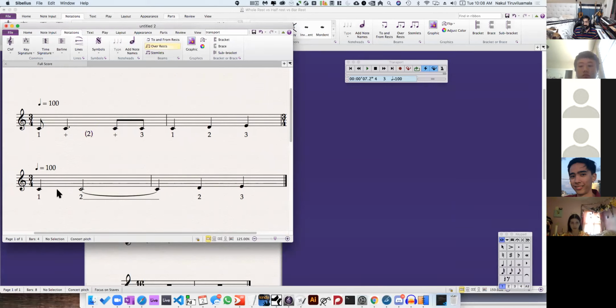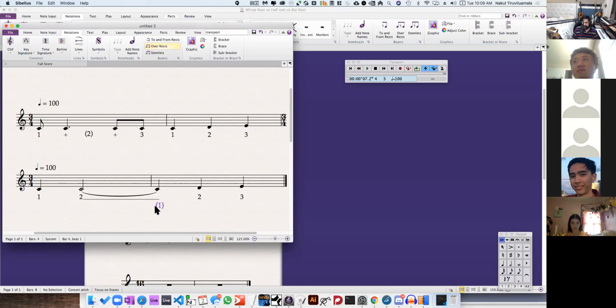Visually speaking, it's not as clear that I'm obfuscating something in the way I've written it, because something does happen on beat 2, right? But in fact, I am obfuscating the beats here because I'm obfuscating the feeling of something happening on beat 1, okay? So hopefully that makes sense.